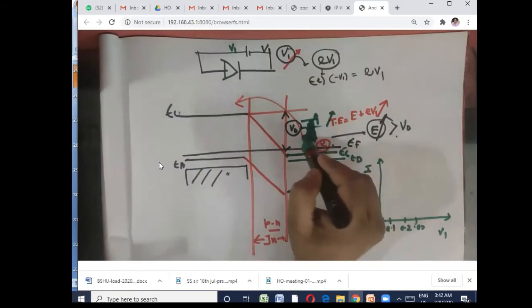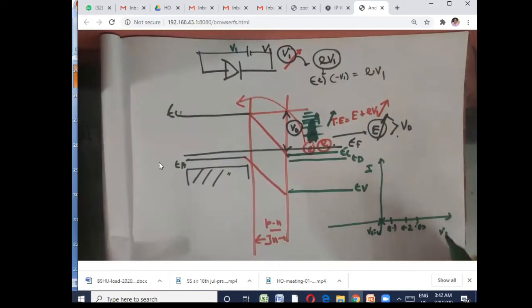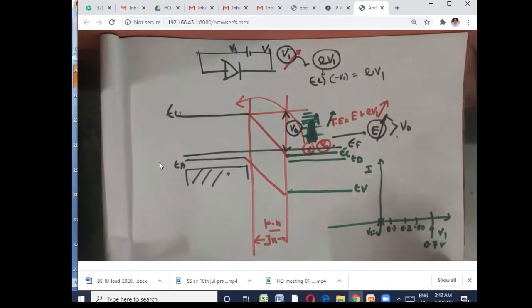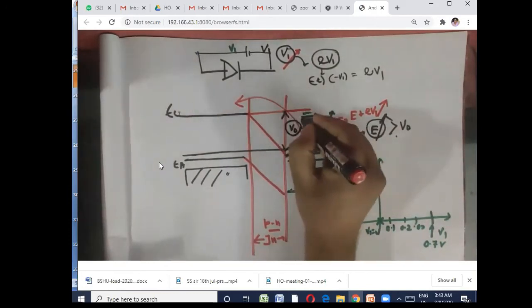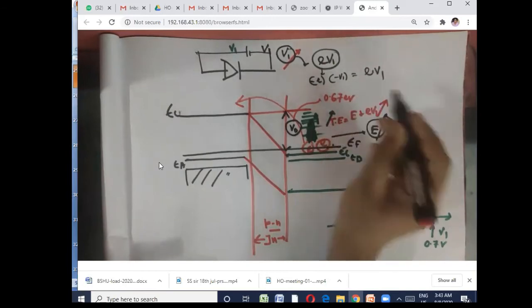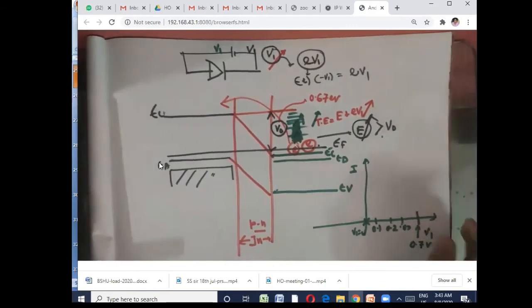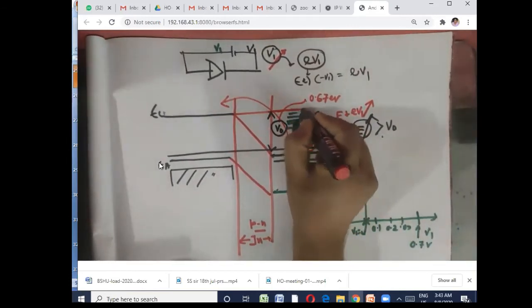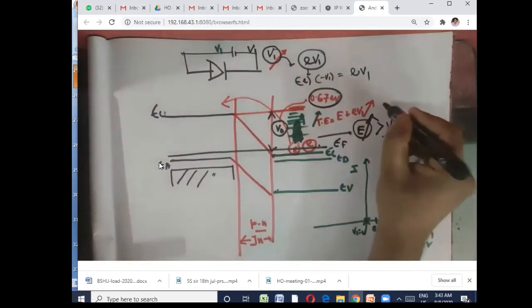In a normal diode, nothing happens unless you reach about 0.7 volt. This barrier height V0 is close to 0.67 electron volt. So if you provide energy more than 0.67 electron volt, then and only then does the electron cross the barrier V0.